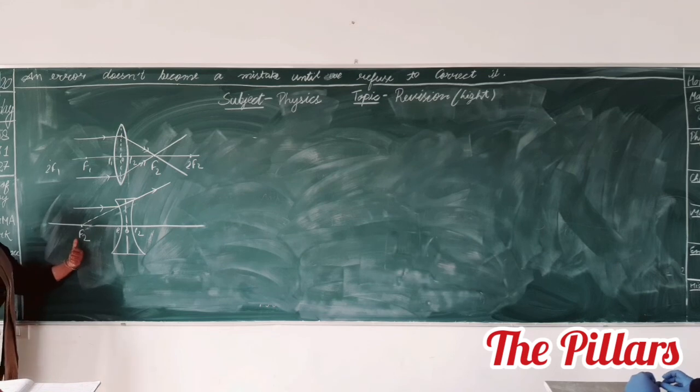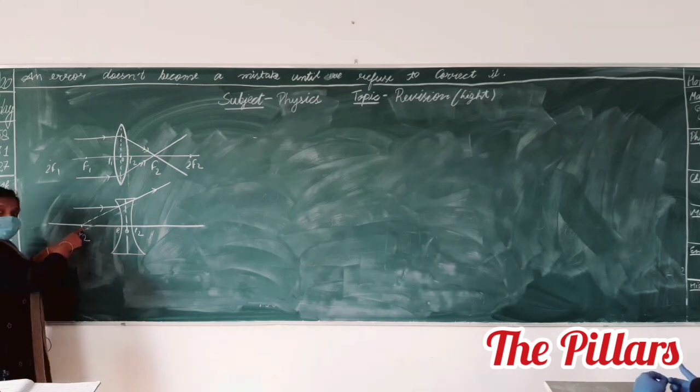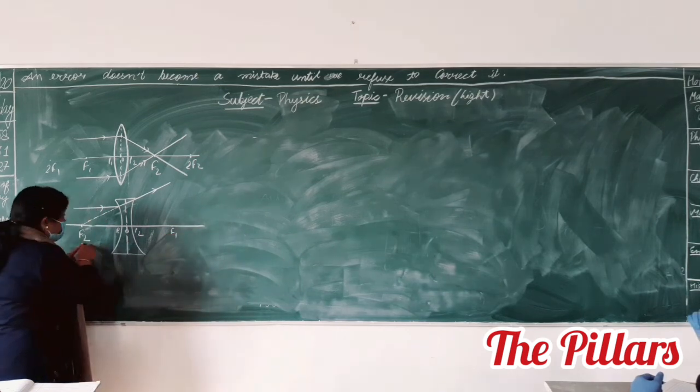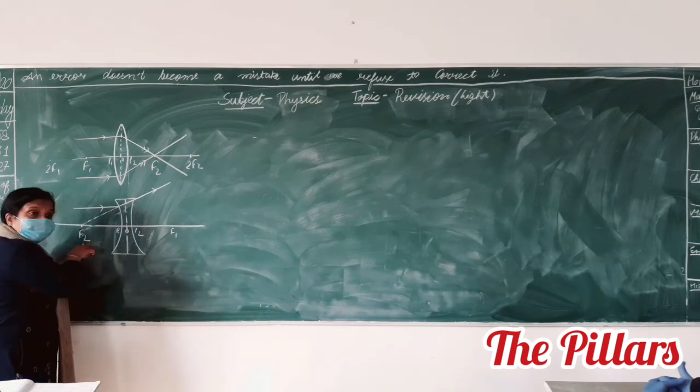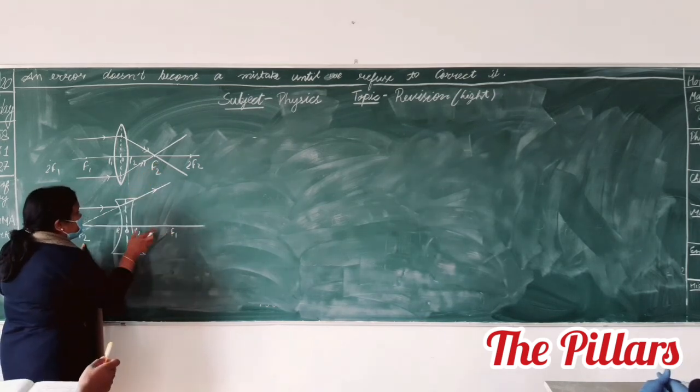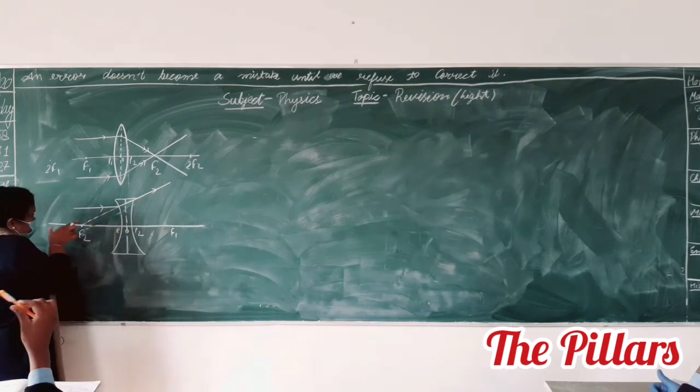This is the principal focus of the concave lens. Okay. F2 will lie here and F1 for this will lie here. This is the principal focus of concave, and this is the principal focus of convex. Right? And F1 is this side. Same thing, OF1 is the same as 2F1, and this we can draw as 2F1.